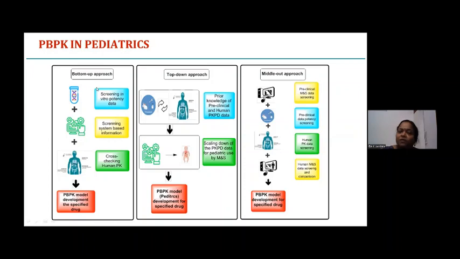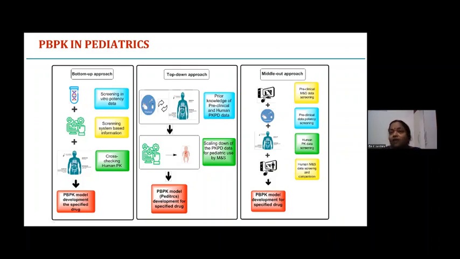One is the bottom-up approach, where the in vitro potency data is taken along with screening system-based information, and then finally it is cross-checked with the human pharmacokinetic parameters. Whereas the top-down model is the one which is already established for the adult.